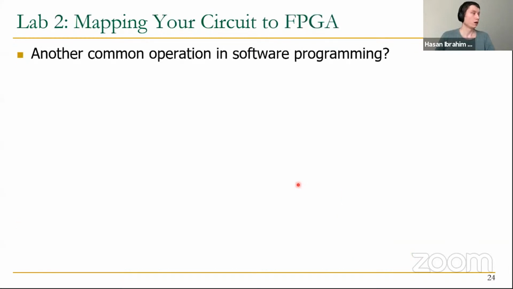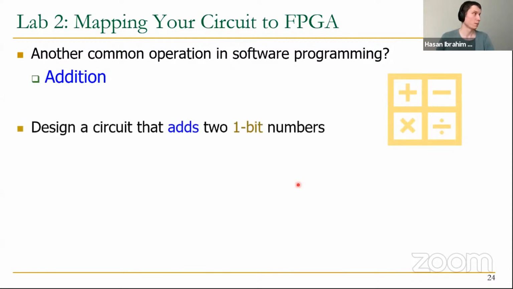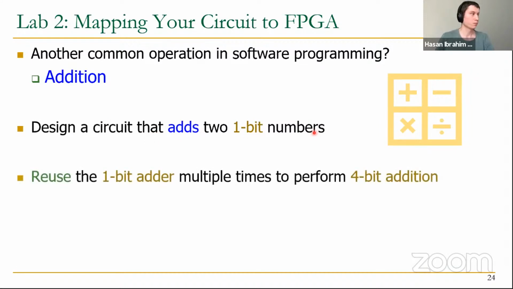In the second lab, we will do something slightly more involved. We will learn how to design a circuit that performs an addition operation. This addition circuit will basically add two 1-bit numbers. Later, we will design another circuit that reuses this 1-bit adder to design a bigger adder.